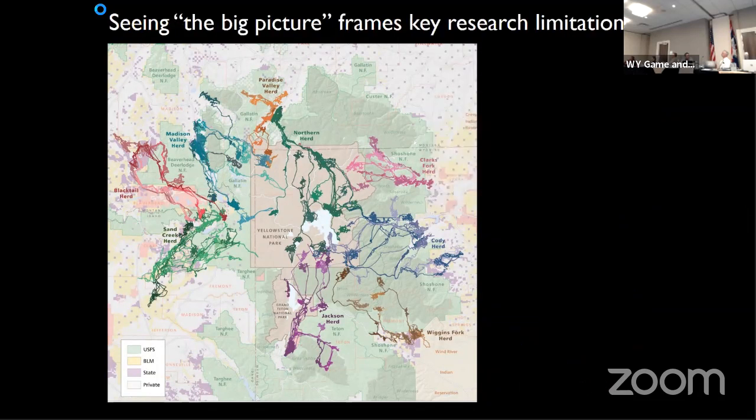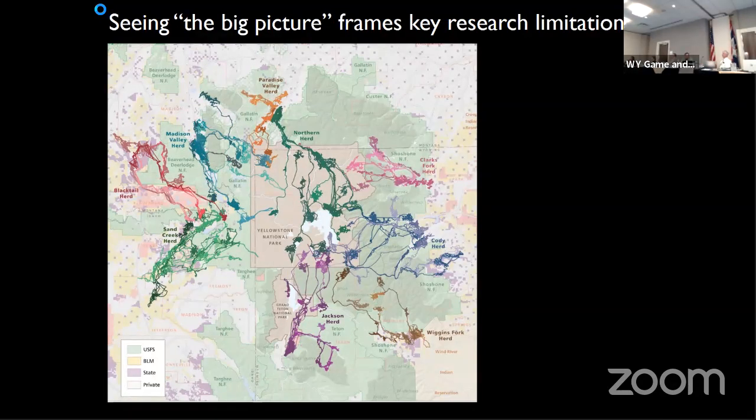And so the reason I mention this is partly because I think it's helpful to frame up some of the limitations to scientists' and the public's understanding of the interactions that we're talking about here.